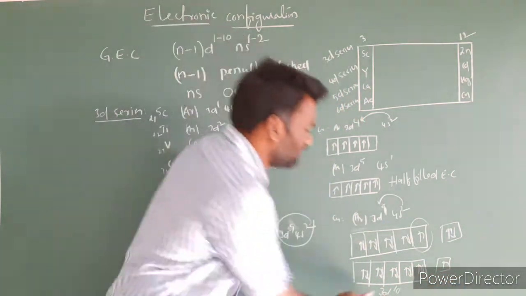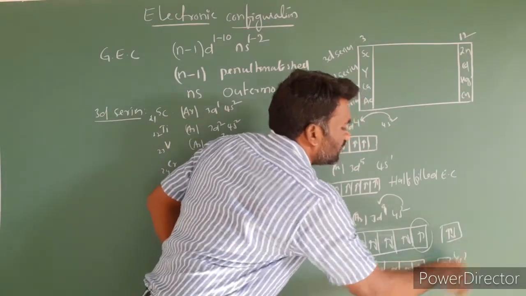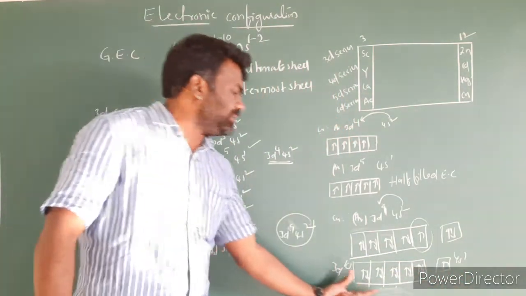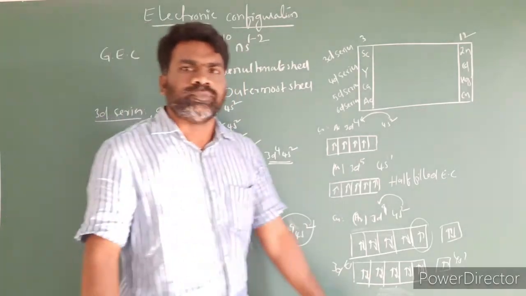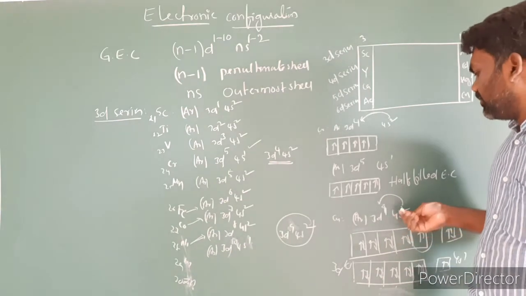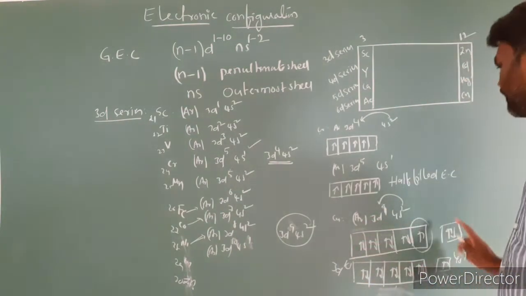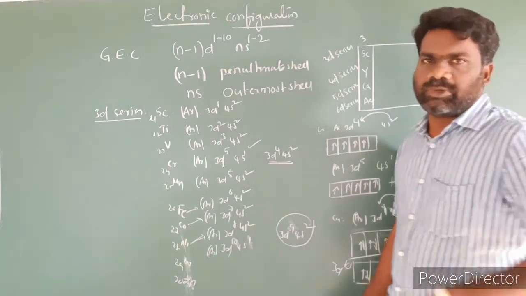So the d10 configuration is more stable, and because of this stability, one electron moves from the 4s orbital to the 3d orbital. As already said, half-filled or completely filled electron configurations are more stable because of two reasons.